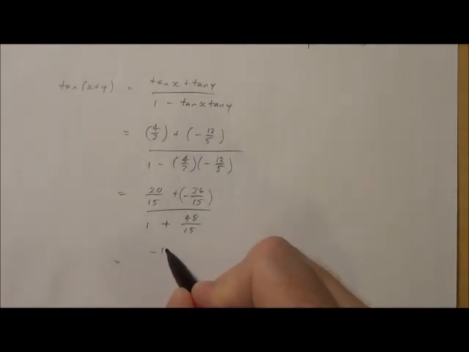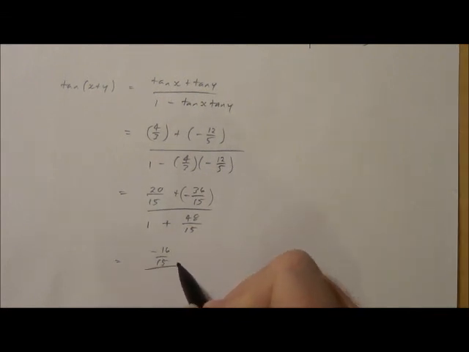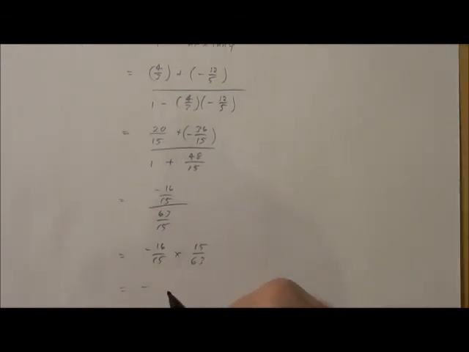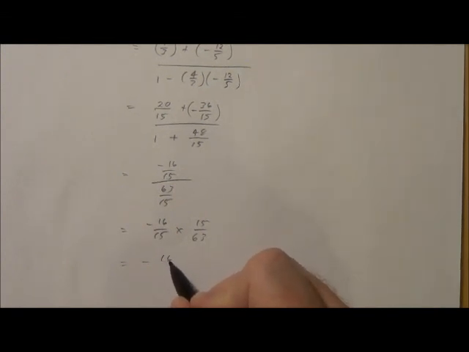And then we're going to have negative 16 over 15 over 63 over 15. And when we divide, we flip and multiply. So we get negative 16 over 63. So that is what tan of x plus y equals.